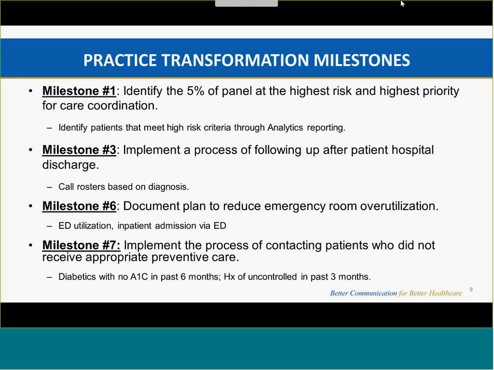This report doesn't tell you what is going on with them, meaning why we're having these admissions, but it tells you where to start and focus your attention to drill down with those particular providers.